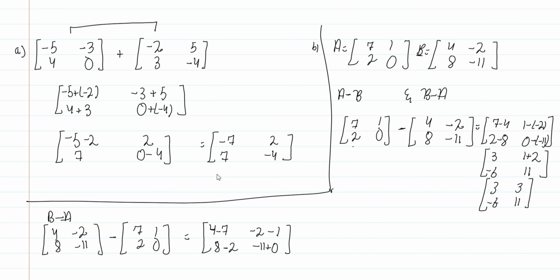Look at the answer. Minus 3, minus 3, 6 and minus 11. Okay, so this is the answer for matrix A minus B and B minus A.